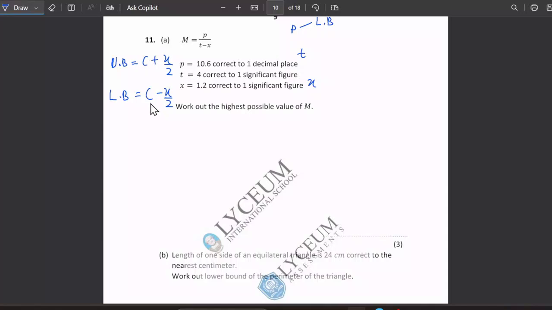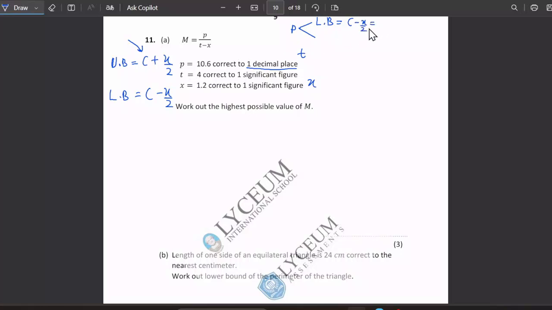Okay. So the c is the original value given. In this case it is 10.6. X is the accuracy they have given. Okay, so let's find the lower bound and upper bound of p. So lower bound of p, we can put it as c minus x over 2.